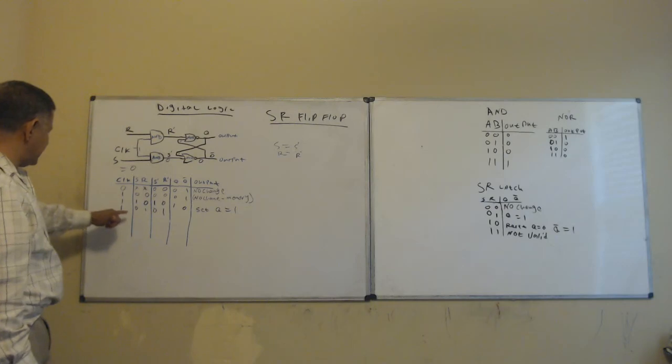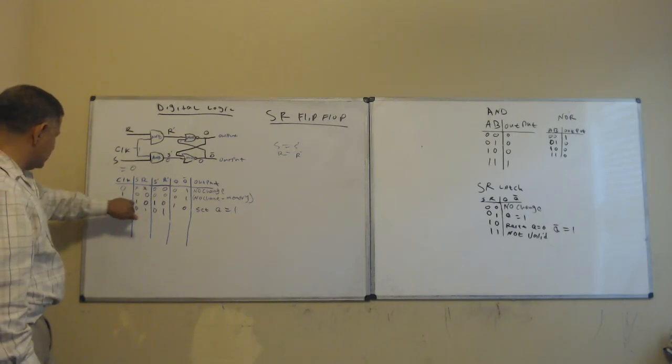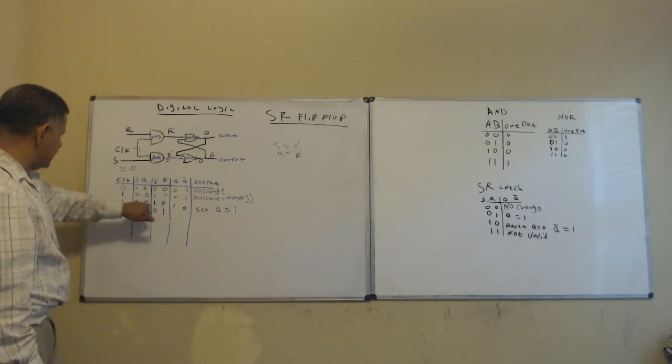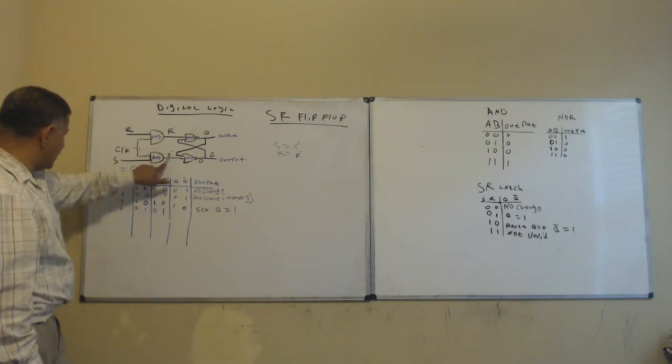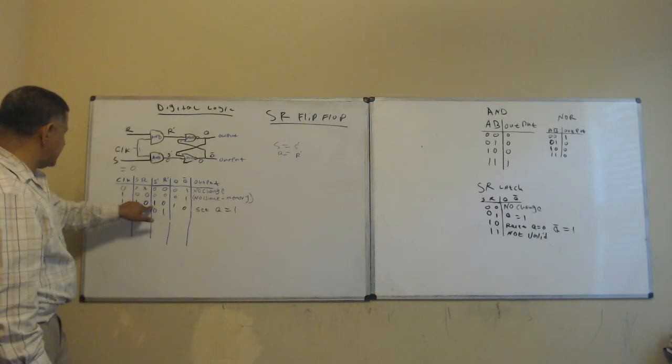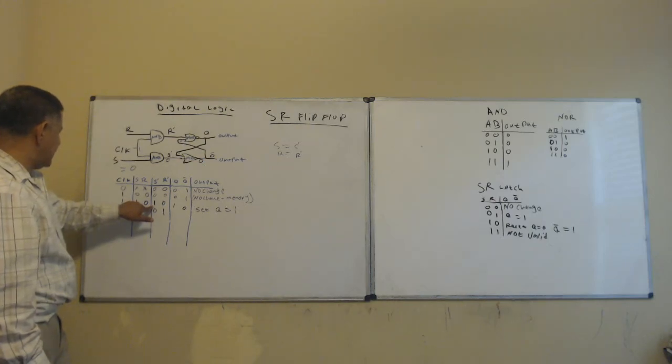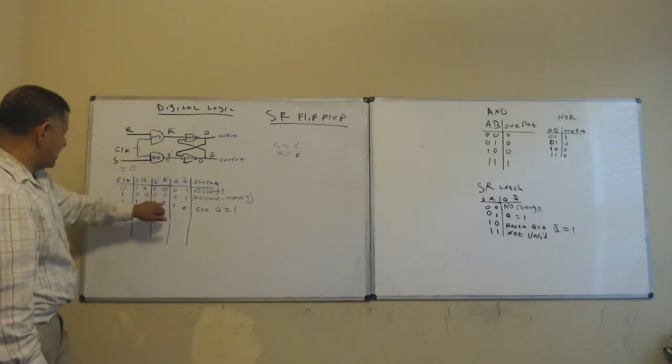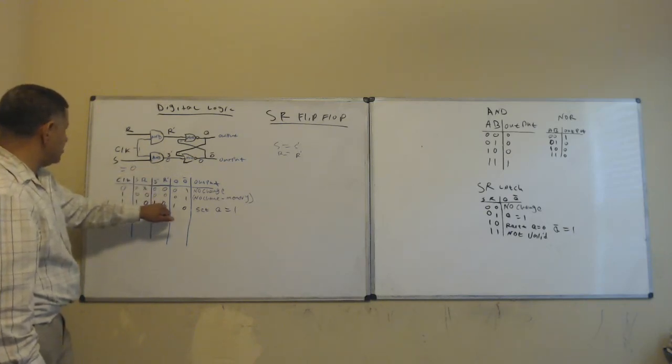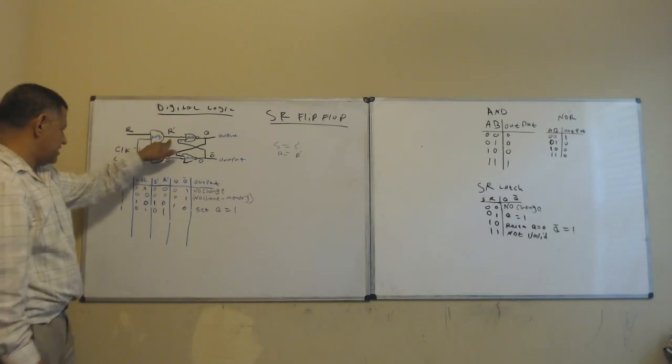So initially S was 1, R was 0, right? And S not was 1, right? Because it was 1. And then R was 0, right? Was 0 coming out.